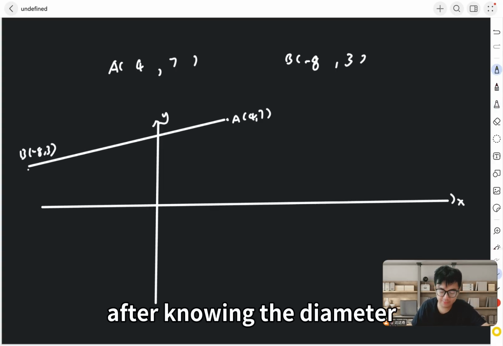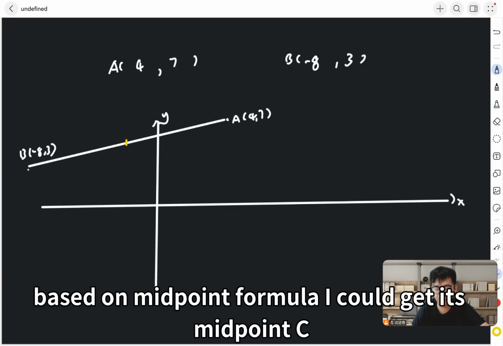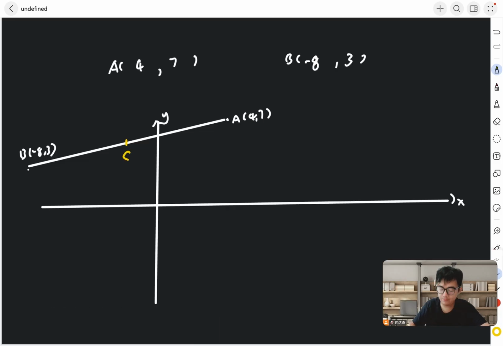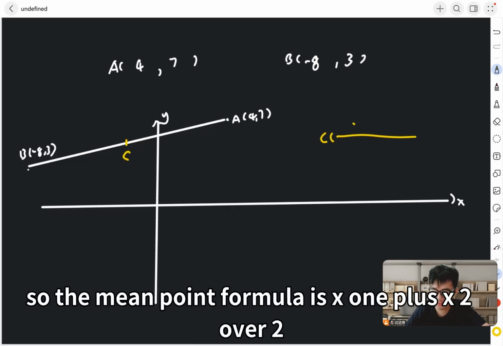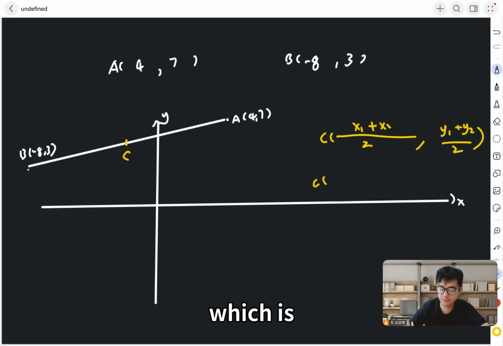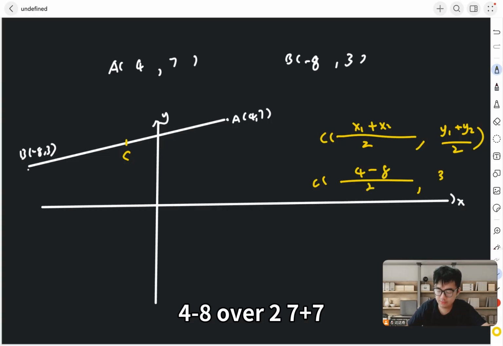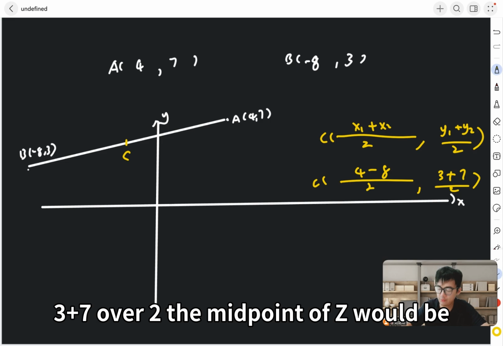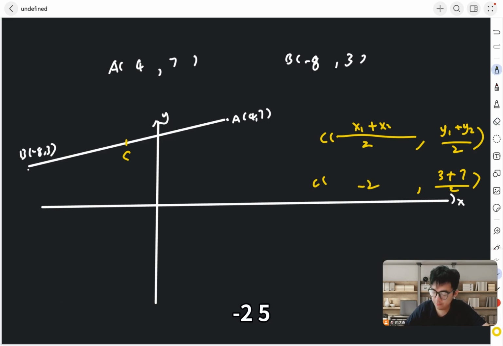after knowing the diameter, based on the midpoint formula, I can get its midpoint C. The midpoint formula is (x1 plus x2) over 2 and (y1 plus y2) over 2, which is (4 minus 8) over 2 and (3 plus 7) over 2. So the midpoint C would be (minus 2, 5).